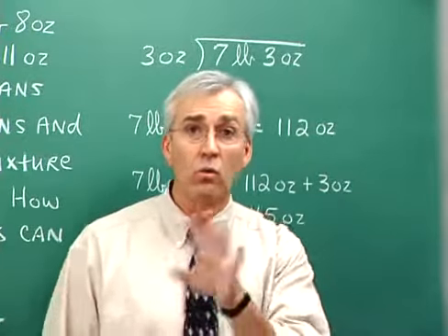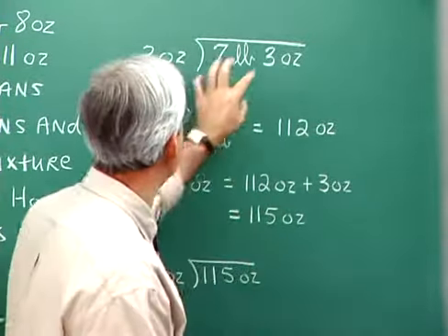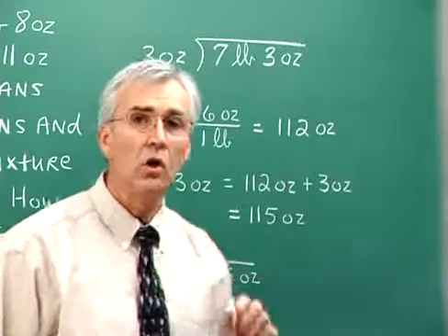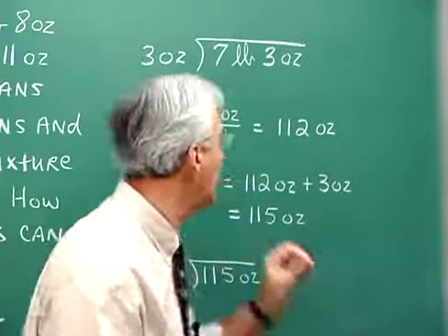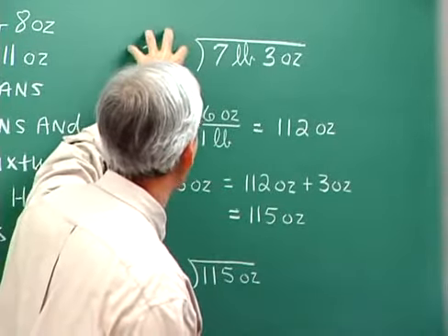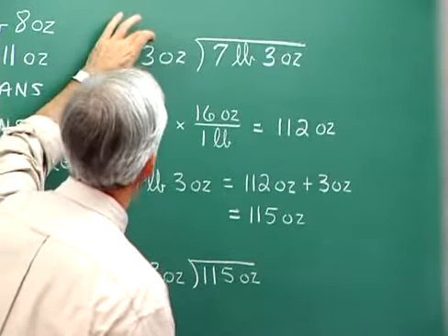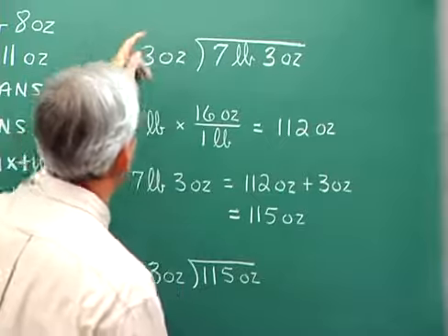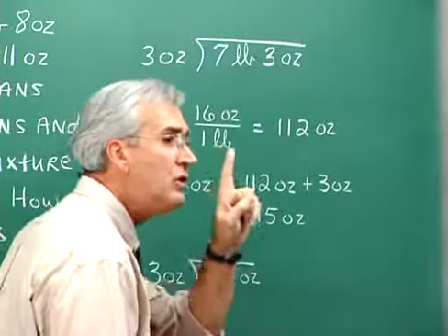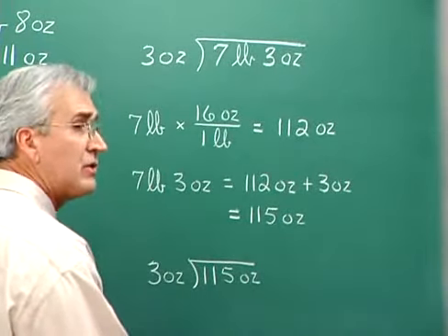Now here, we're not doing that. We're not dividing this into 3 equal parts. We are saying how many of these 3-ounce packages are there in here. So we want to know how many 3-ounce units there are in all of that. The unit idea makes a big difference here.